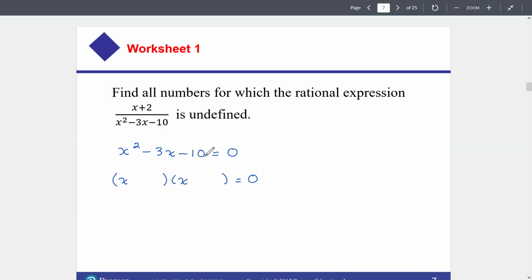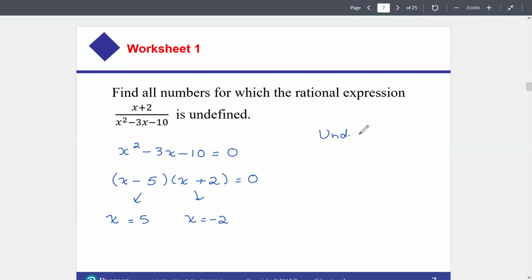Sometimes you might have to use the quadratic formula, but the examples so far are ones that factor, which makes this a little easier. We need factors of -10 that add to give -3, and those are -5 and +2. So x squared minus 3x minus 10 is x minus 5 times x plus 2, which means x is either 5 or -2.